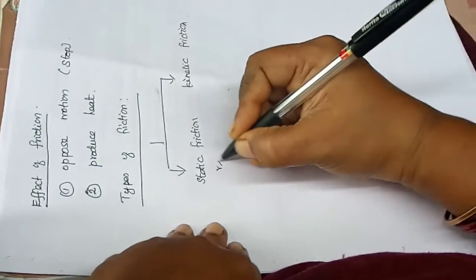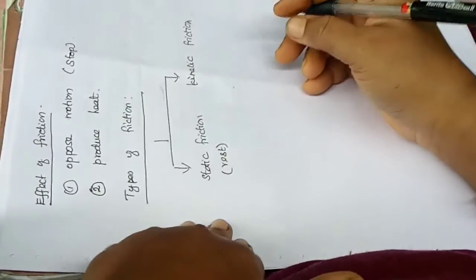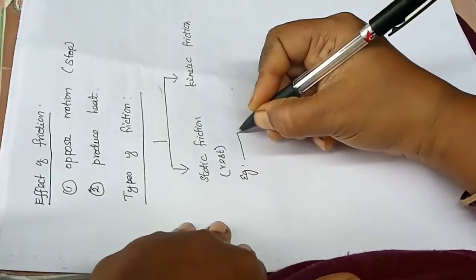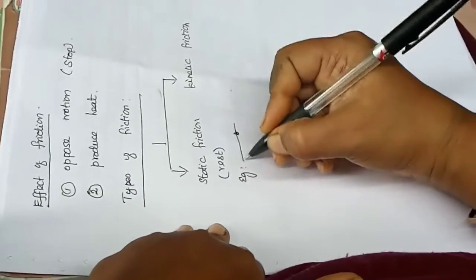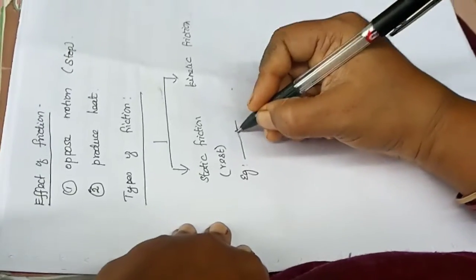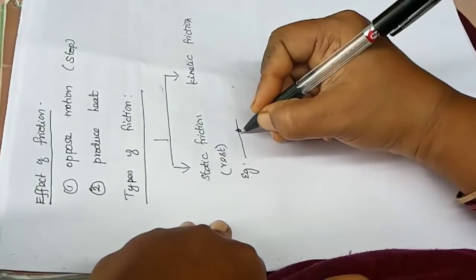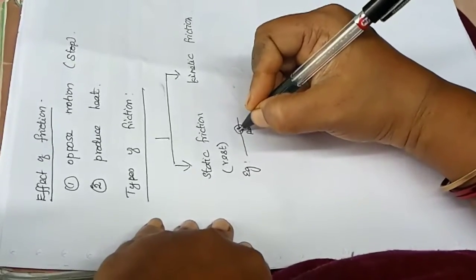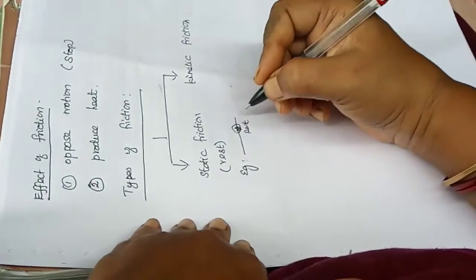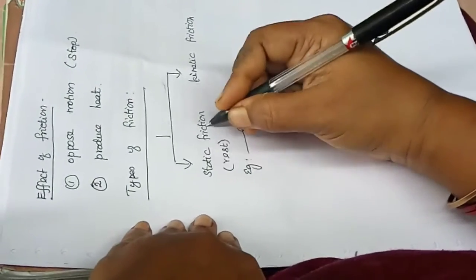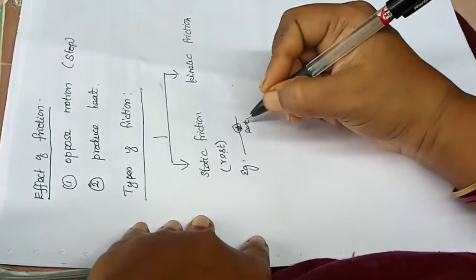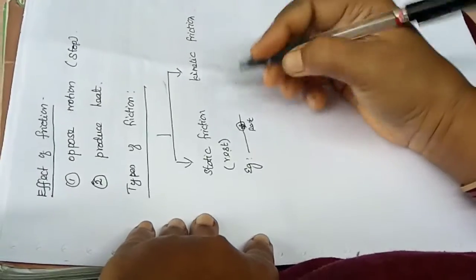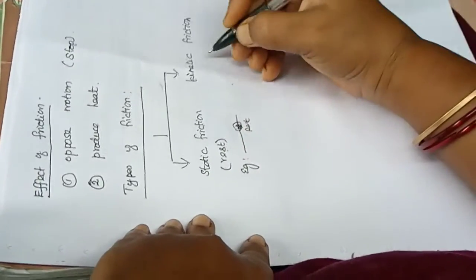What is static friction? For example, when we put a knot in a thread, the object does not move after that. It stops the motion of the object. The knot does not move; it will be at rest at this place. So this knot is acting as static friction. Any object which tends to be at rest due to friction is called static friction.